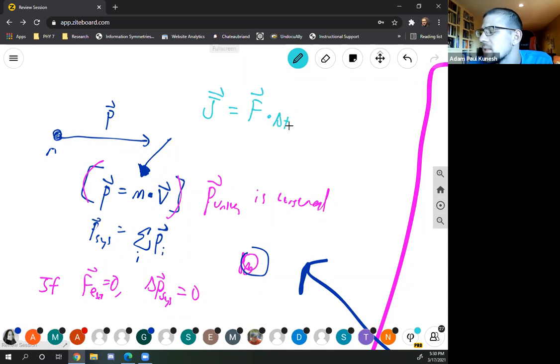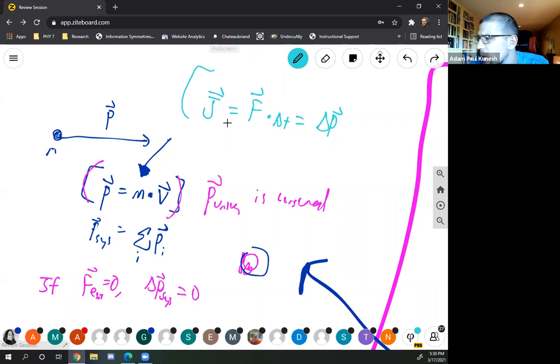I can think about the force as acting on an entire system, in which case J refers to the change in momentum of my entire system. Or if I think about it on a particle-particle basis, from one element of my system to another, the force can mean the force between two elements, and can tell me about the change in momenta of each of my two elements.